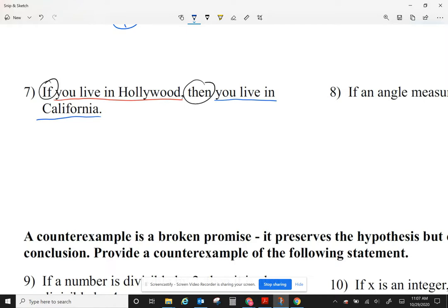So I'm going to say you live in Hollywood, Florida. Once again, I'm showing a case where the if part is true, but not the then part. I want the hypothesis to be true, but not the conclusion. Just show an example when it is not true.